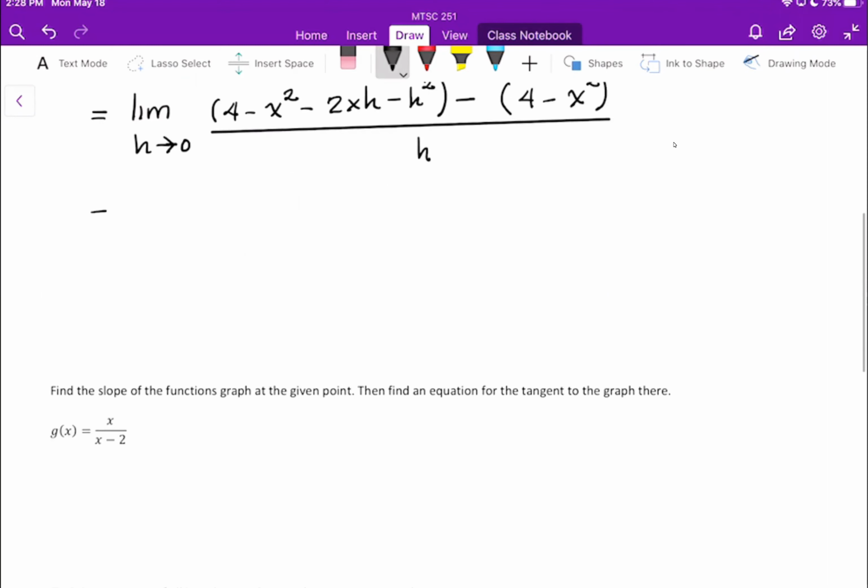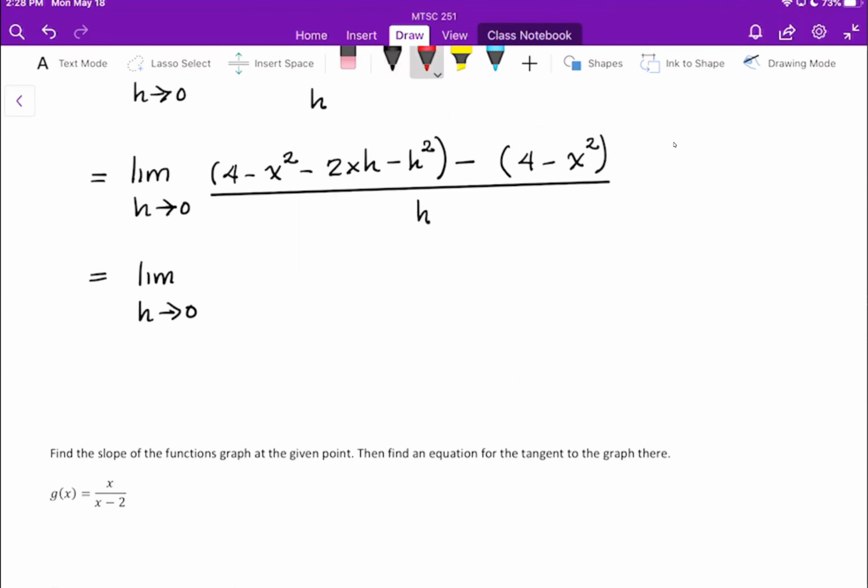So we get that this is the limit as h approaches 0. We're going to see that this 4 and this negative 4 add to 0. And this negative x squared and this negative negative, which makes positive x squared, add to 0. So that's going to give us minus 2xh minus h squared all over h. So we get the limit as h approaches 0.